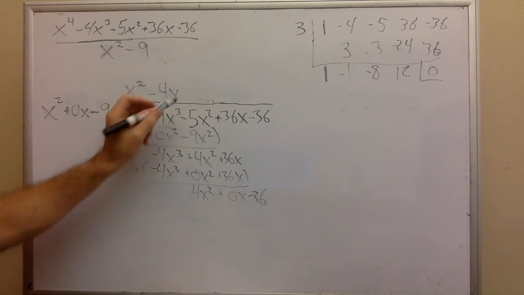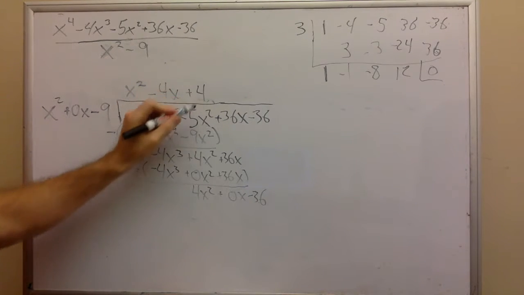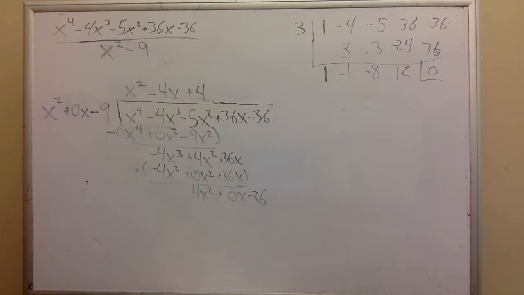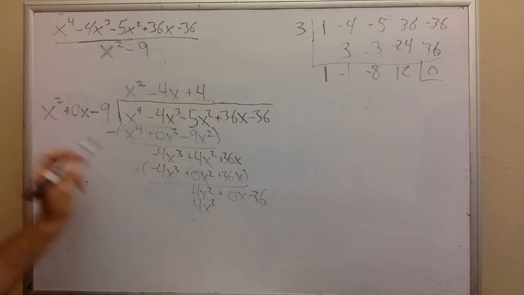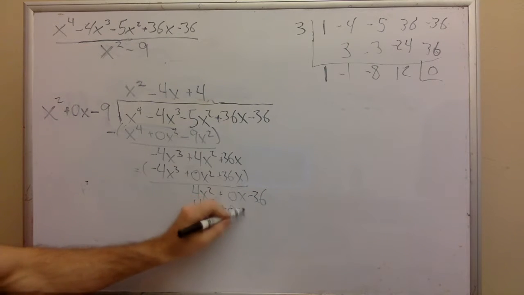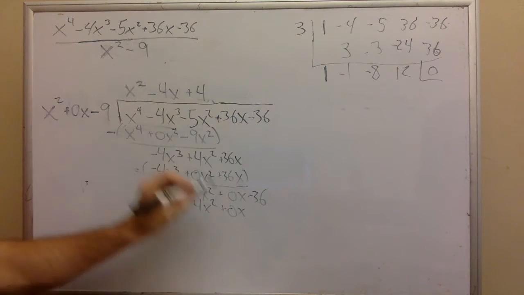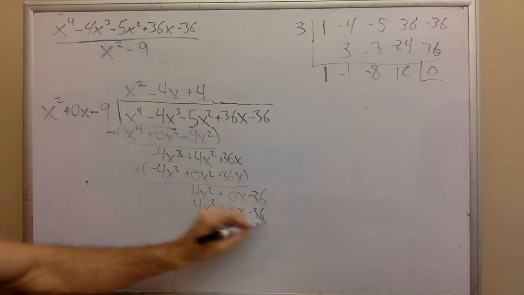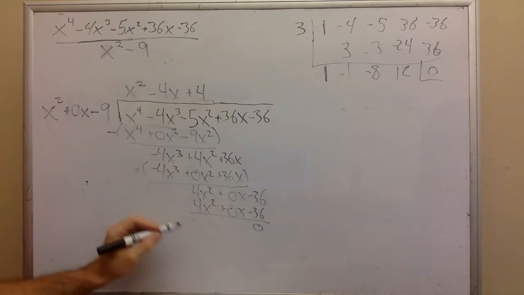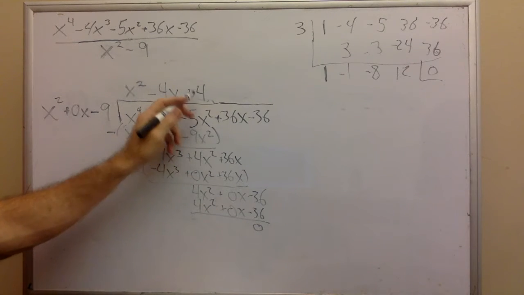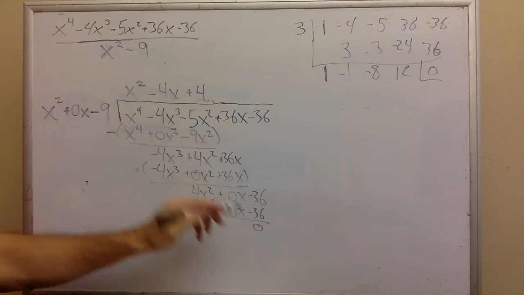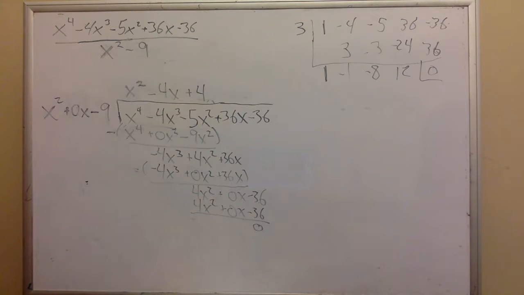Here I have 4x squared, so of course I'm multiplying by 4. 4 times that, 4x squared. 4 times 0, 0x, and then negative 9 makes negative 36, and again we have 0 for our remainder. Constant here, so I know I'm done. Whatever is left is my remainder. In this case it's 0.